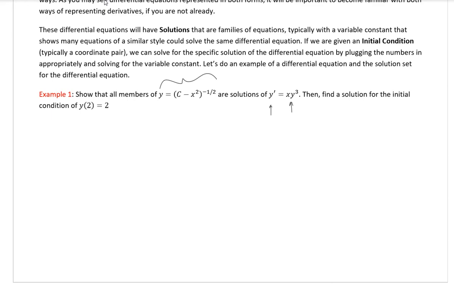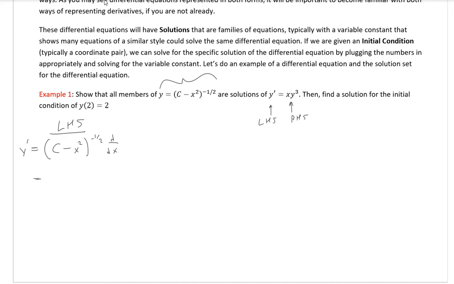In order to prove this, we simply have a left-hand side and a right-hand side, and all we need to do is find what both of those are. Well, the left-hand side, I'm just going to take the derivative of y, which in this case, I'm taking c minus x squared to the negative 1/2, and I'm taking the derivative of that with respect to x.